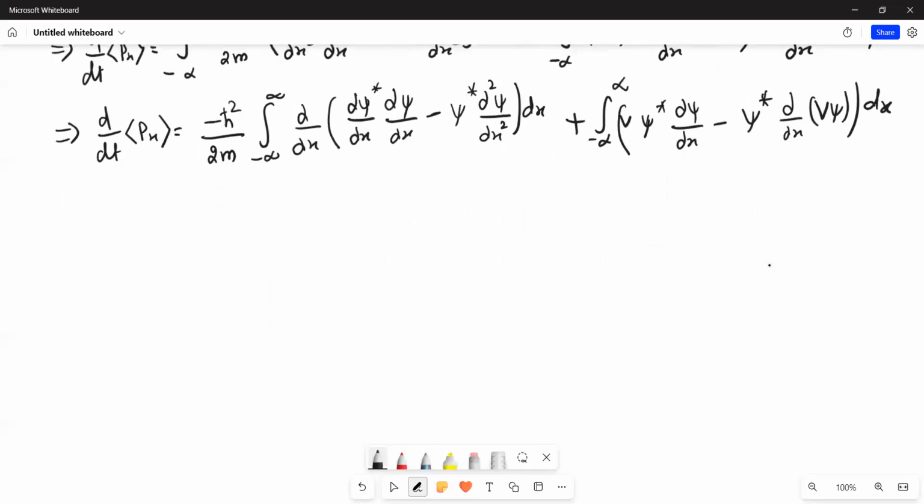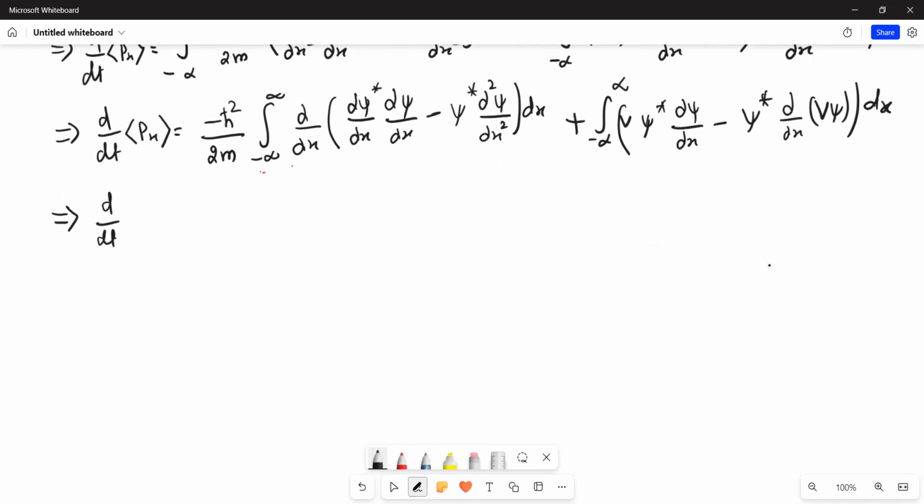Now in this equation, consider the integration and the differentiation. Finally, this will be cancelled. So if we simplify this equation, how will it look?